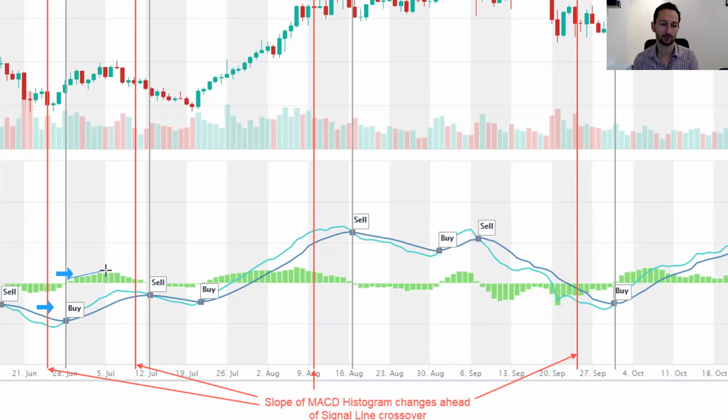Nicely rising until we get to a point where the price, as indicated in this section here, starts flattening out, going sideways. The momentum is stalling, it's diminishing, and that's reflected in the declining MACD histogram bars, right?